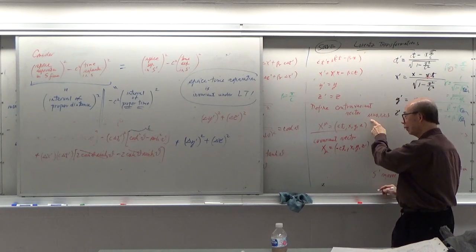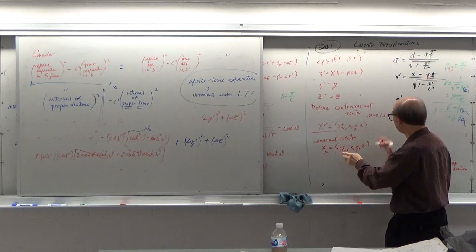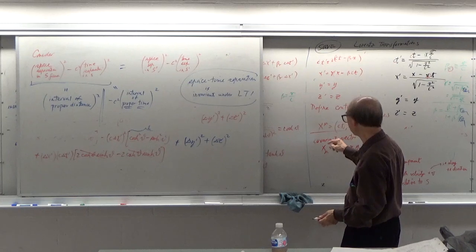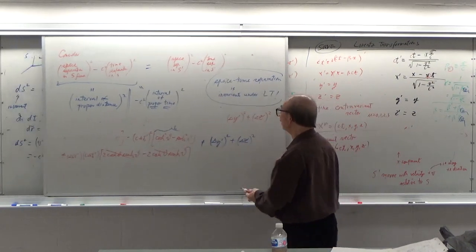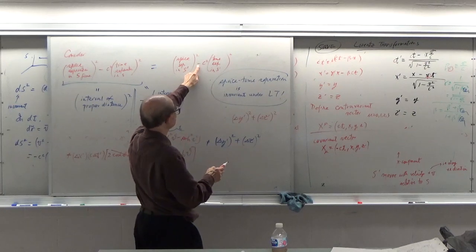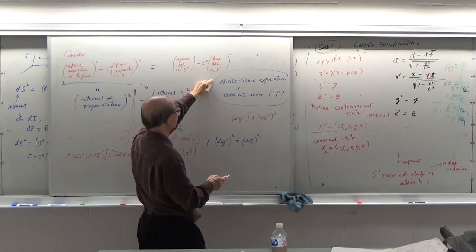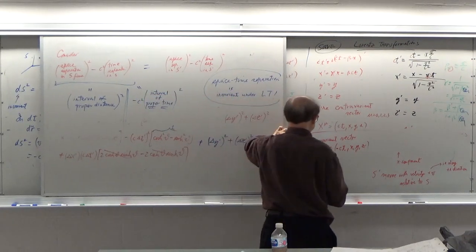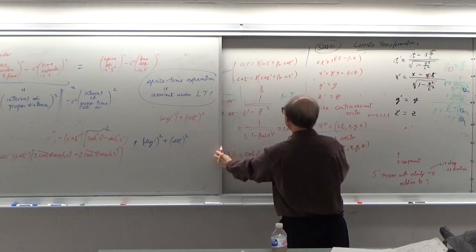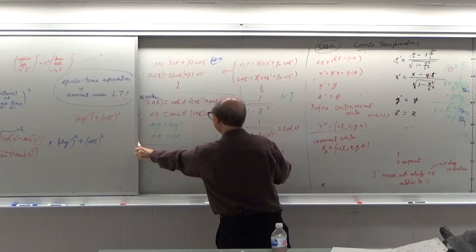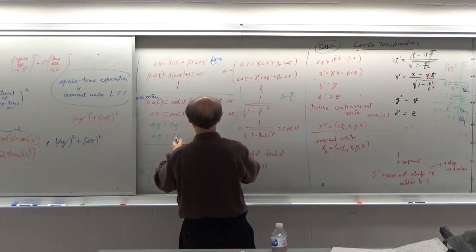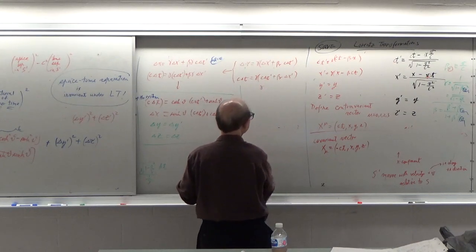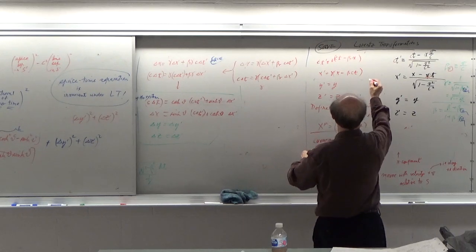So the contravariant vector and the covariant vector only differ for the zeroth component by sign. And we have to introduce both because in space-time intervals, there's this minus sign distinguishing the time component from the space components. Now we can rewrite this.